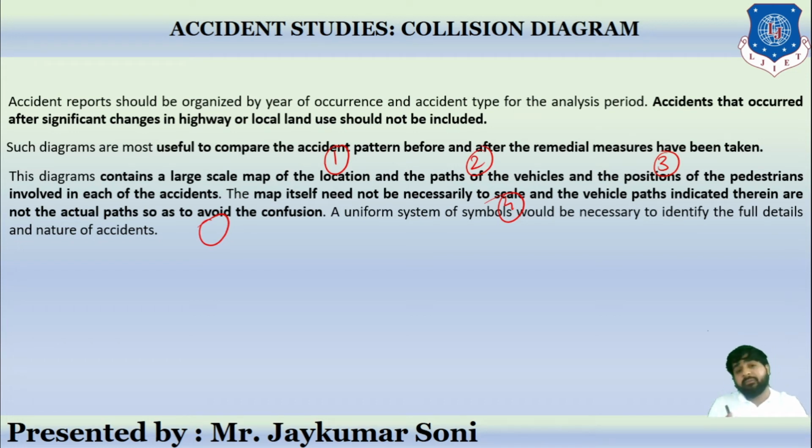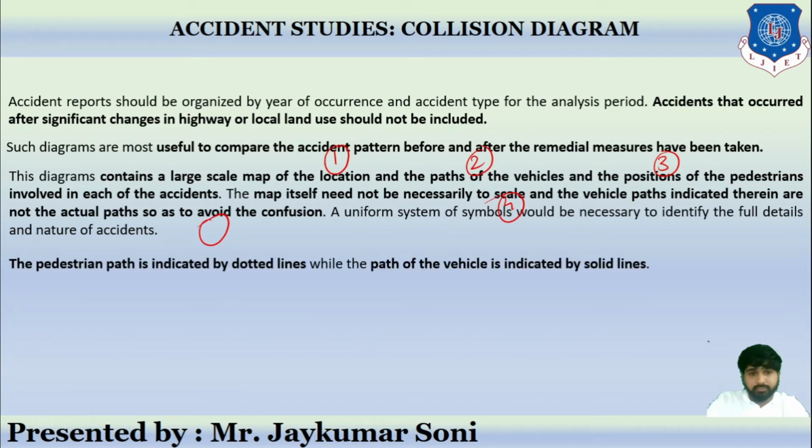Then this map will show the location. It will show the path of the vehicle, that the vehicles are going this path, the vehicles are going in this path, right, left, all these things. It is not necessary that this should be scaled, but in order to reduce the confusion, we have to provide certain symbols, and these symbols you have to remember.